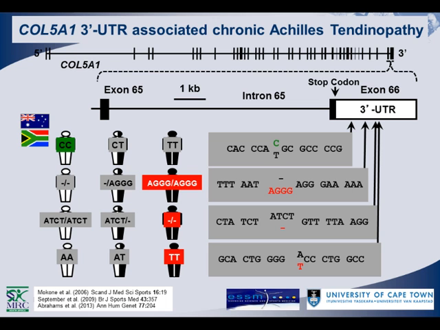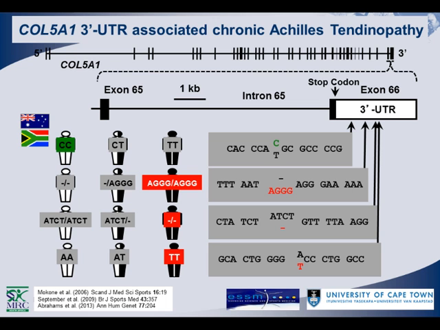So this initial association we found was with a particular polymorphism at the 3' end, which is the last bit of the COL5A1 gene, associated with Achilles tendinopathy. In subsequent analysis, we've looked at 3 or 4 other polymorphisms within the 3' end of this gene, and we found a similar pattern where these genotypes have been associated with an increased risk of Achilles tendinopathy, while the CC genotype at this particular locus has been associated with reduced risk of Achilles tendinopathy.